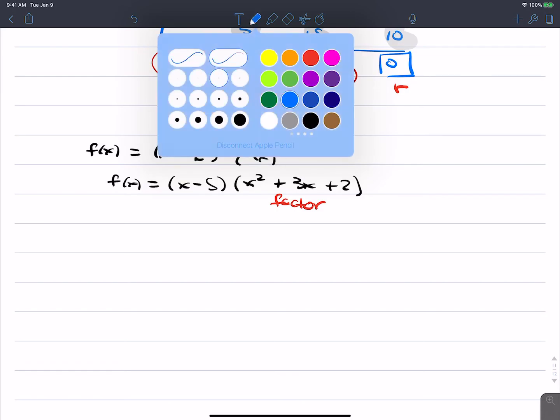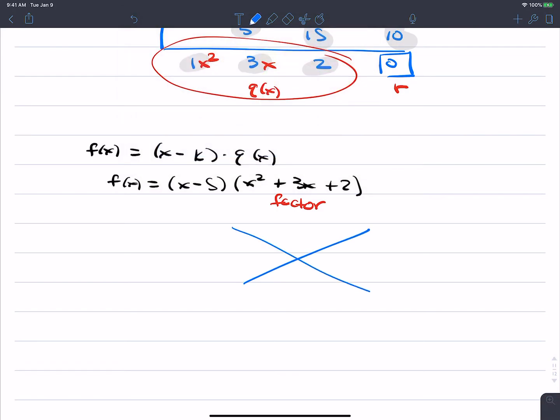So use your procedure. The product has to be 2, and your sum has to be 3. So I need two numbers multiplied together, which is positive 2, but when added is positive 3. 2 times 1 is 2. 2 plus 1 is 3.